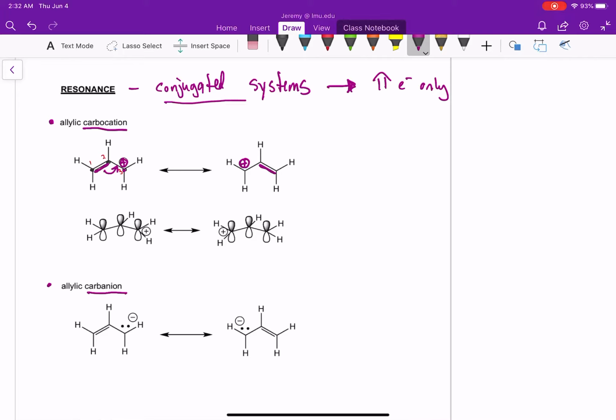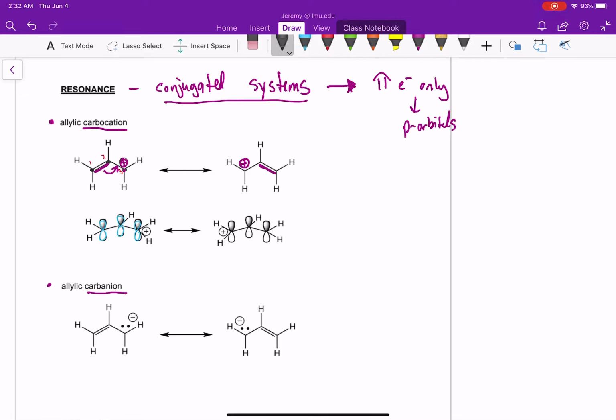So when we talk about conjugated systems, we're really looking at our pi electrons, or electrons that are in p orbitals, right? We're talking about electrons that are in p orbitals. So you can see here I've drawn in my p orbitals of my conjugated system.